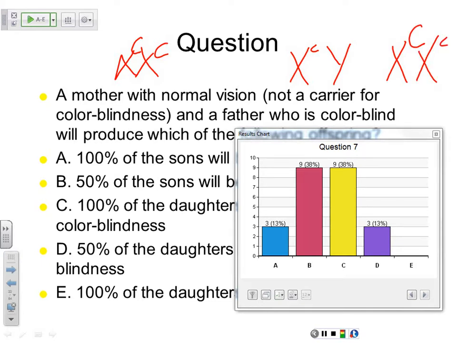So they'll have normal phenotype, but they'll be carriers for color blindness. You see that? So how many got this one right? Yeah, this one is a bit challenging. So yeah, 100% of the daughters will be colorblind carriers. All right. So answer.